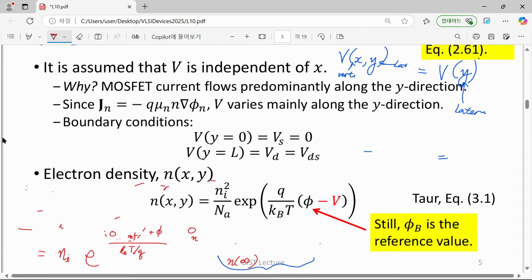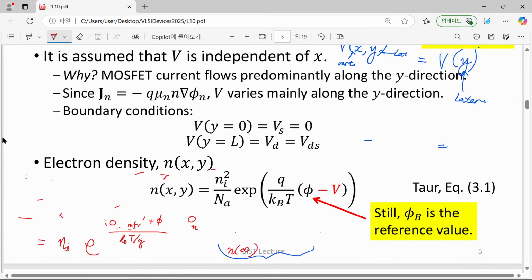If we allow this quantity, the variation of our quasi-Fermi potential with respect to the vertical direction, if this is not 0, then there will be current conduction along the vertical direction.